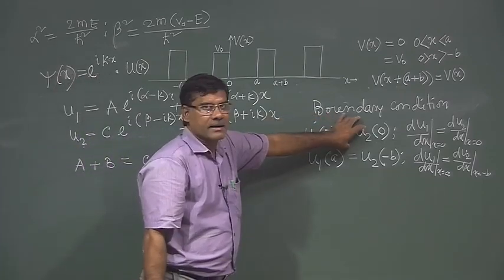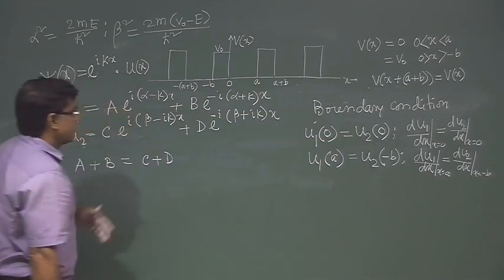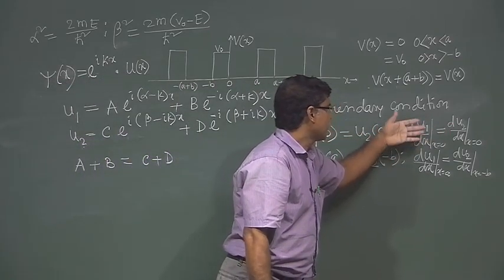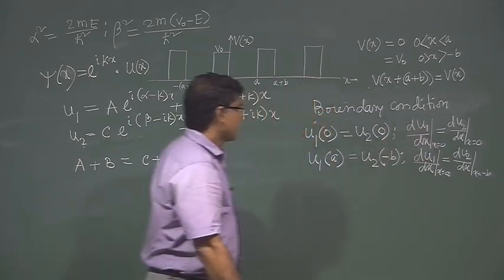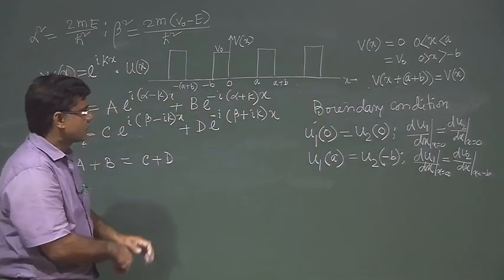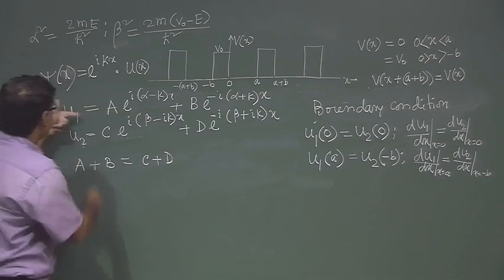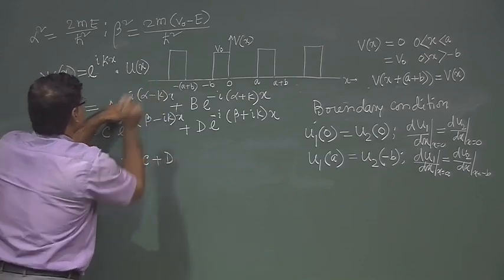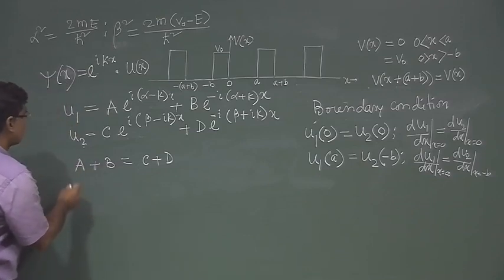Then we have to differentiate this and put x equal to 0. If I differentiate, the i(alpha minus k) term will come out.